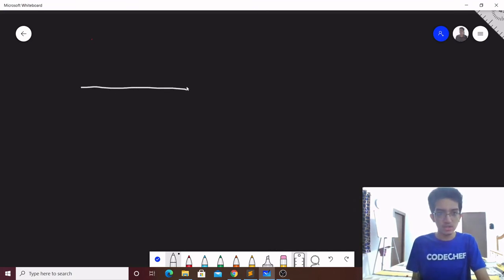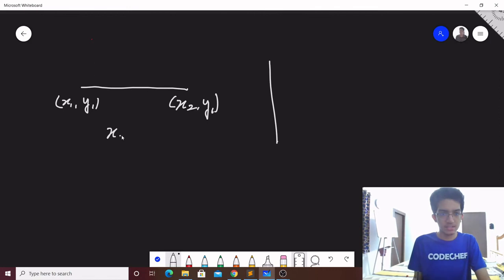if a snake is horizontal or vertical, then in the case of horizontal, the y coordinates remain the same, and so x2 is greater than or equal to x1, and similarly y2 is greater than or equal to y1.